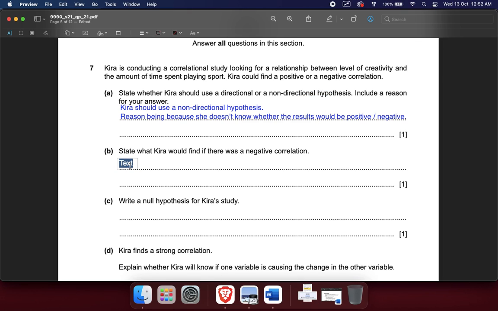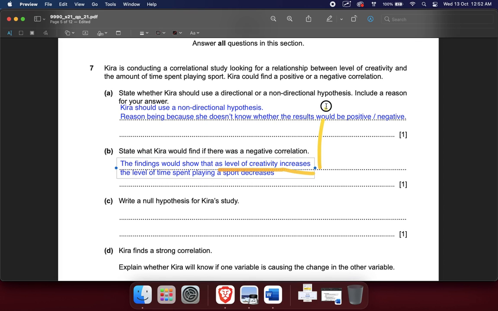It would say something along like the findings would show that as level of creativity increases, remember negative, the level of time spent playing a sport decreases, right? So again, one up, one down. That's what negative correlation means.